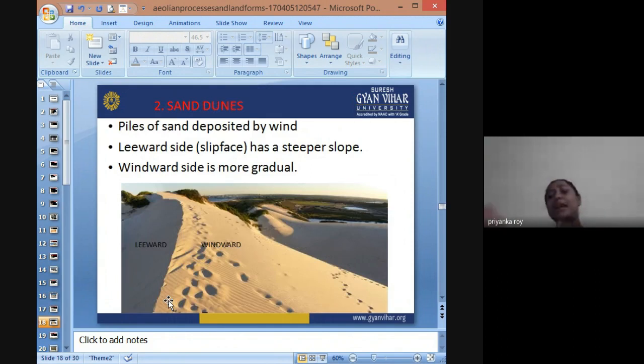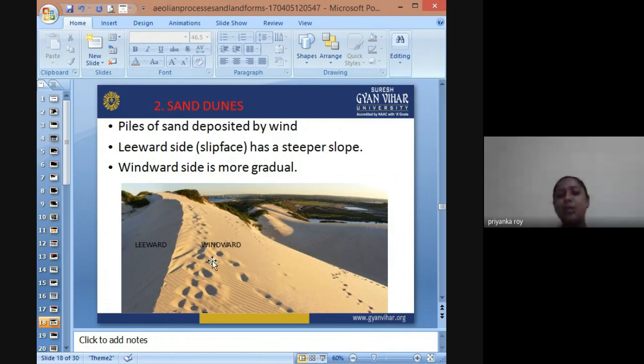We are going to talk about sand dunes here. Sand dunes have larger particulates as compared to that of loess. A sand dune is a pile of sand deposited by the wind. This sand dune also has certain sides, that is a windward side and the leeward side. Windward side is where the wind is blowing from.